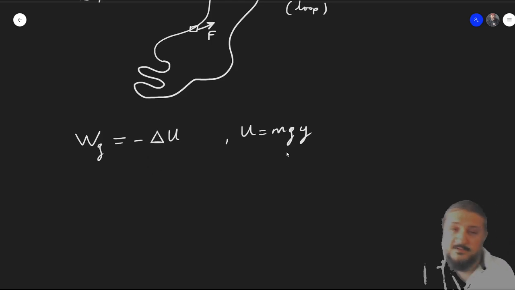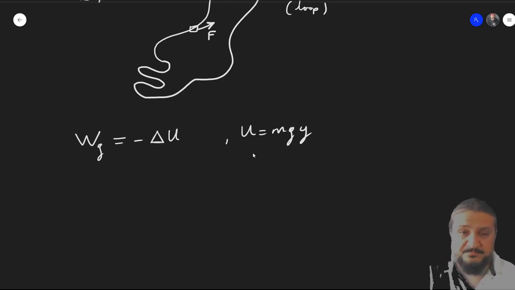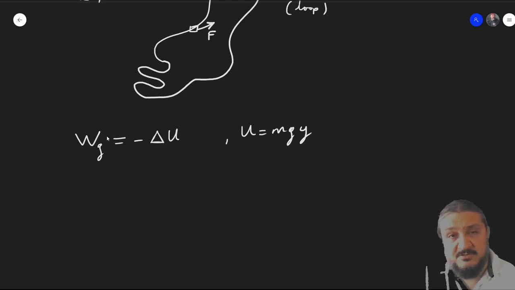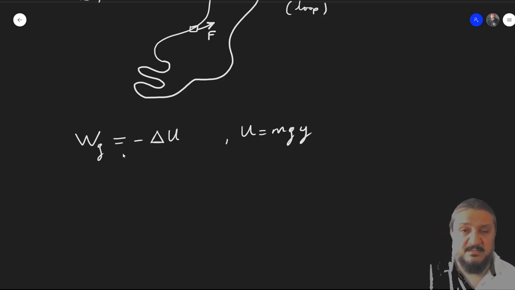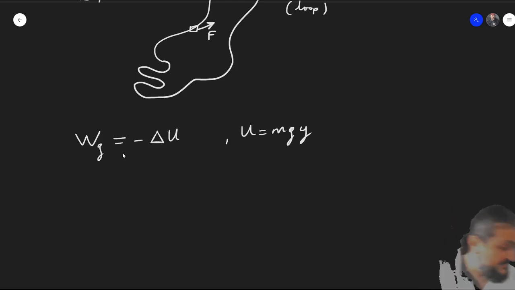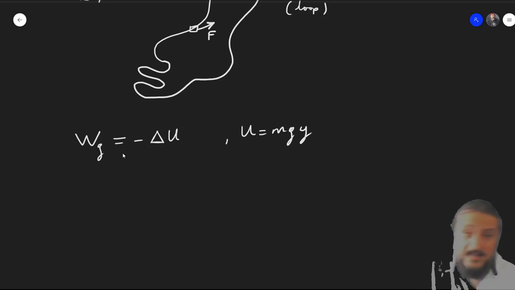Now, gravity is a conserved force, or conservative force, let's say. The conserved quantity here will be energy. This chapter is called Conservation of Energy, right? So what we do is this. We apply the work energy theorem now.